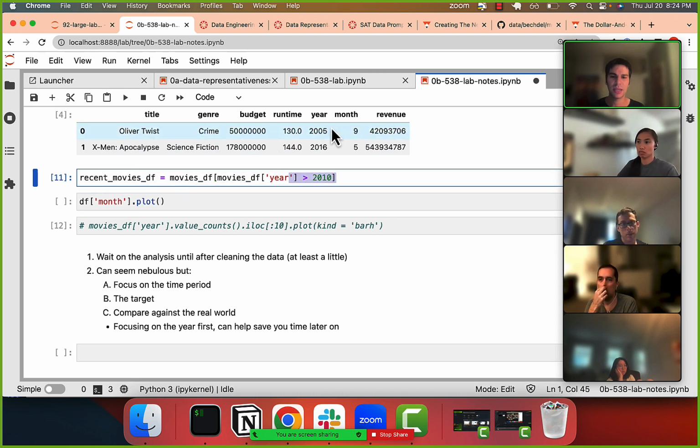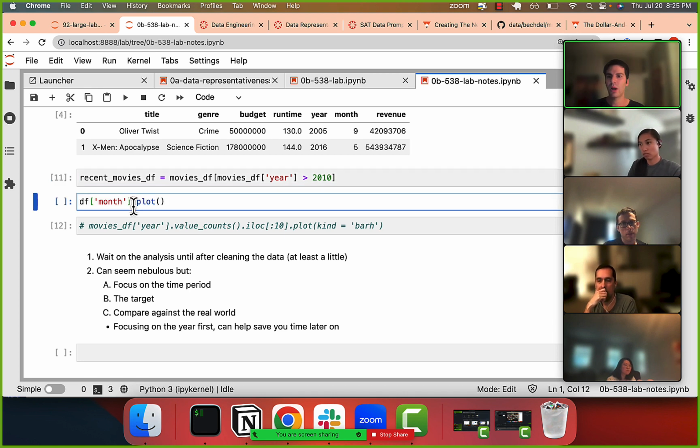So if the rest of my data set is crap, but this data is quite good, that causes me no issues. The benefit of focusing on this right off the bat is that I don't have to worry about issues in data that I'm not going to be using anyway. Does that make sense?